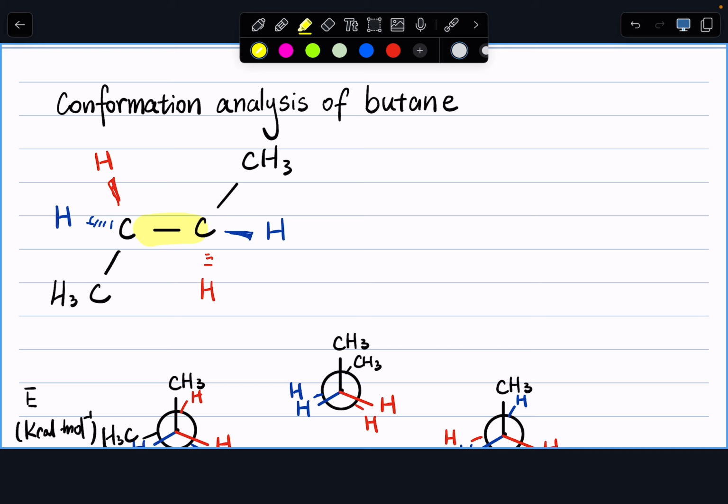Am I rotating too much? Okay. And doing another rotation, we're getting back to our original anti-configuration.